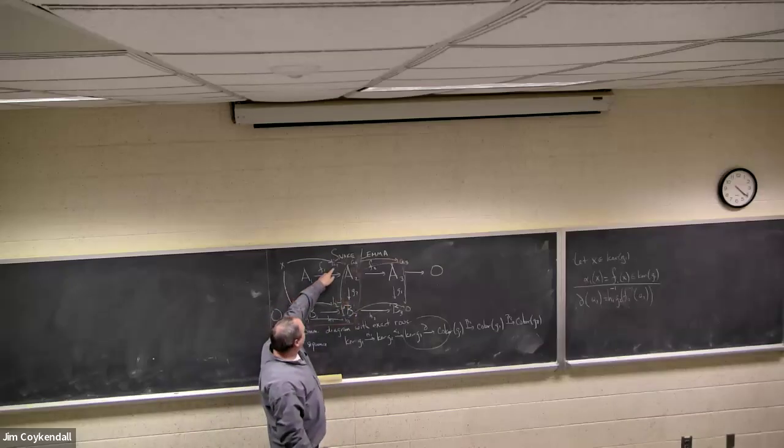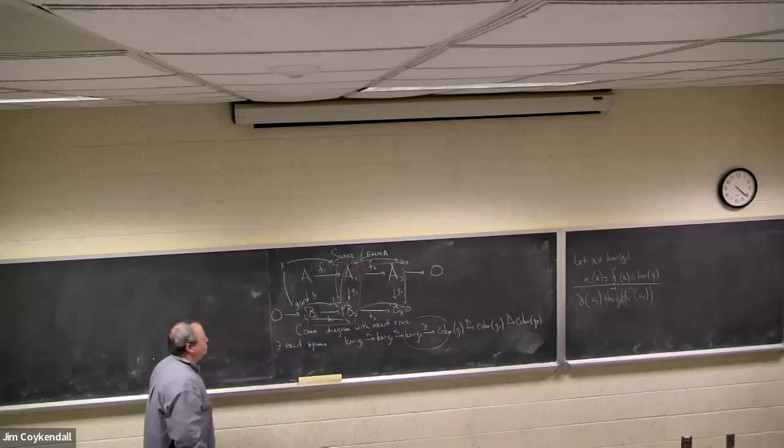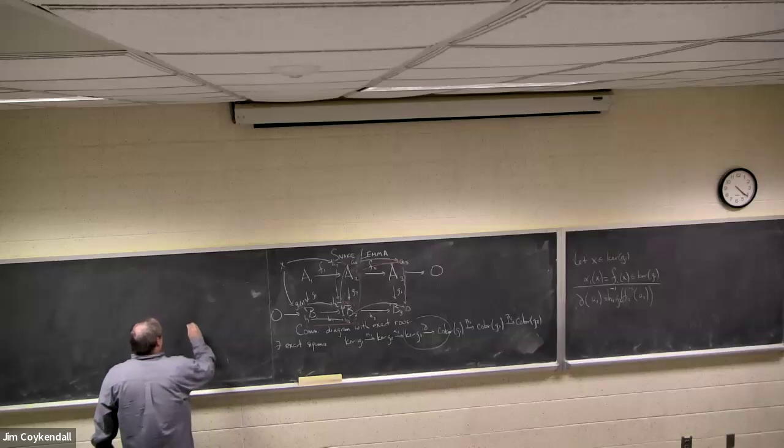This has to go to the same place that A2 minus A2 prime go. Right? Now notice what this means.